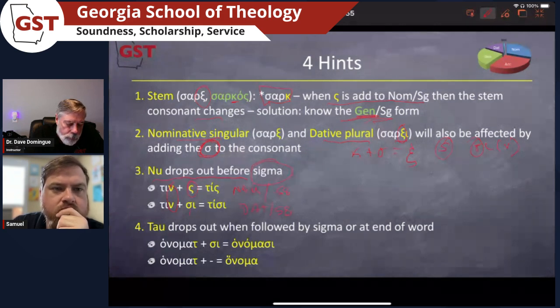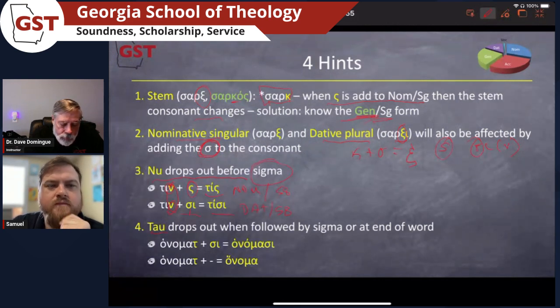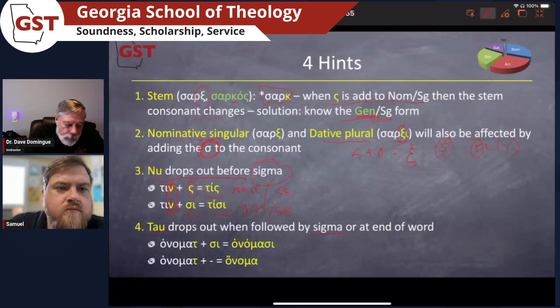And that sigma forces that nu to leave. And you get not tins, but tis. The tau also does the same thing as the nu when it's followed by the sigma. It will drop out when it's followed by the sigma, and so you get onomasi.